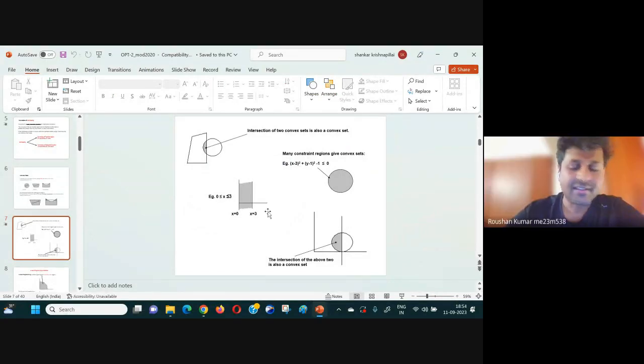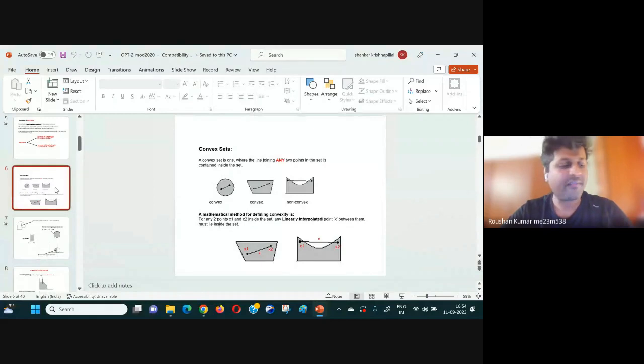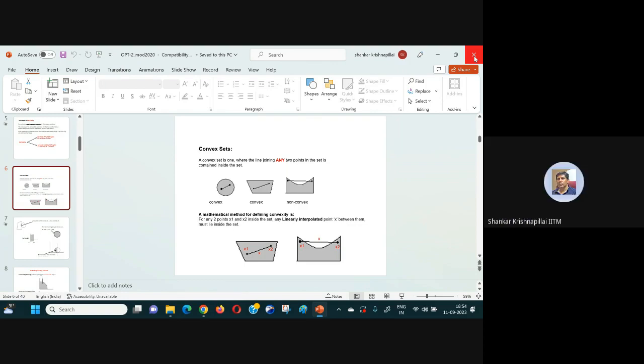Sir, this is regarding the problem that you have shown regarding the optimization of the weight of the beam. You had also told that if we want to optimize a function for the minima, but if you optimize the same function for minus fx, it will give the maximum, right, sir? Yeah.